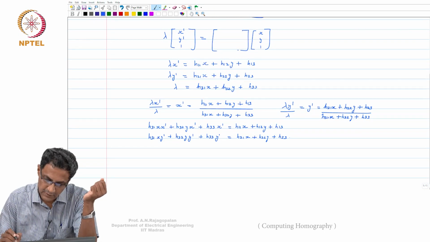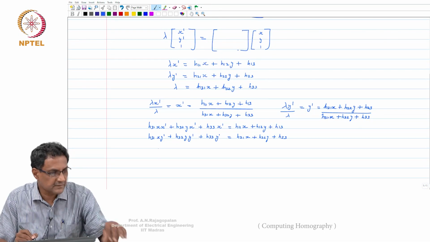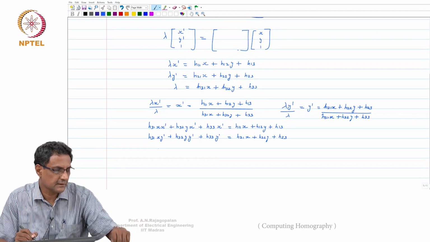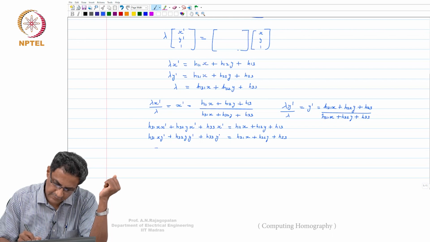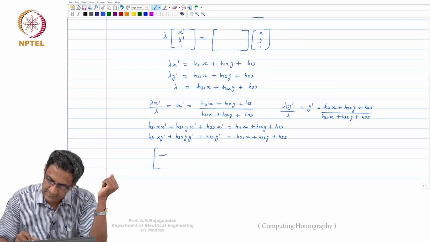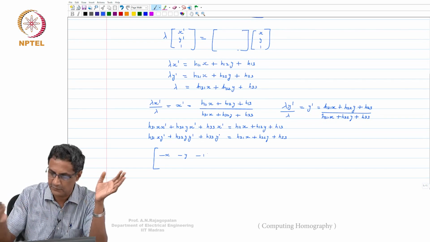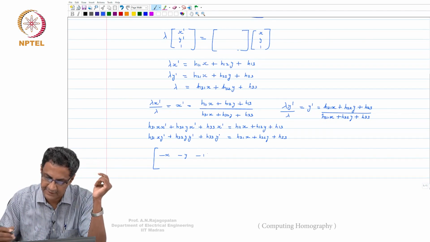So what we can do is write this in matrix form, with the standard notation. What we will have is minus x, minus y, minus 1. I'm trying to get all the terms on one side.